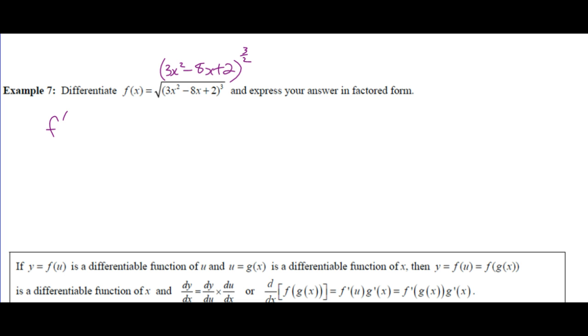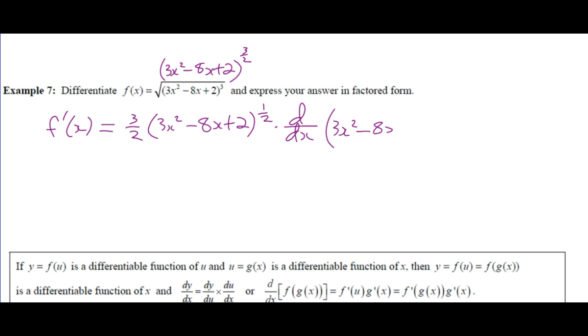Okay, so f prime of x is equal to, all right, so the derivative of the outer function, 1 half times 3x squared minus 8x plus 2 to the power of, just checking if you can subtract 1 from 1 half, to the power of negative 1 half, times d by dx, the derivative of the inner function, 3x squared minus 8x plus 2.